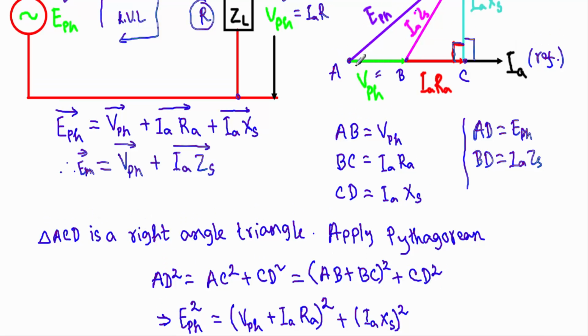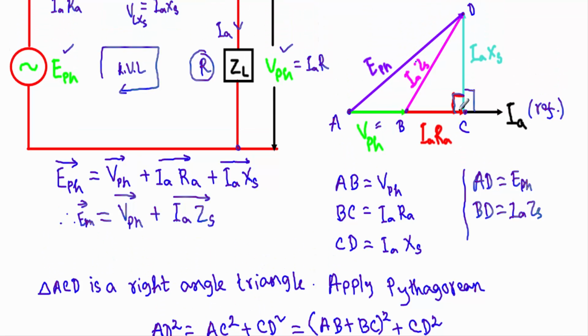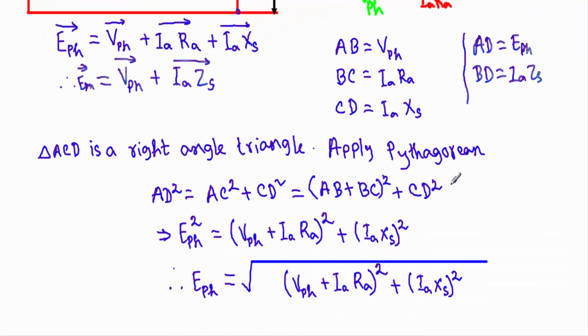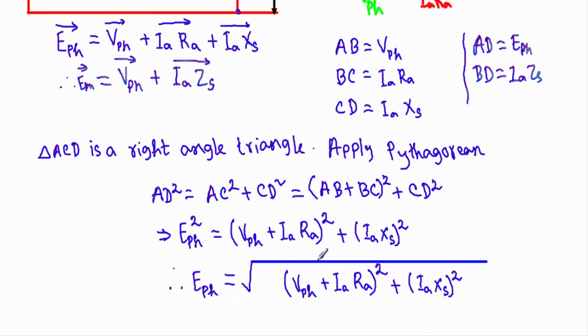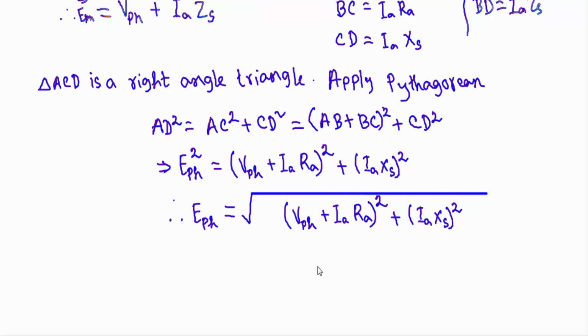Now see here, AB equal to VPH and BC equal to IARA, and this CD equal to IAXS, and see this AD is our EPH. So if I put the value of our required parameters, I will get EPH square equal to VPH plus IARA whole square plus IAXS whole square, which implies that our no load voltage EPH will be equal to root over VPH plus IRA whole square plus IAXS whole square.